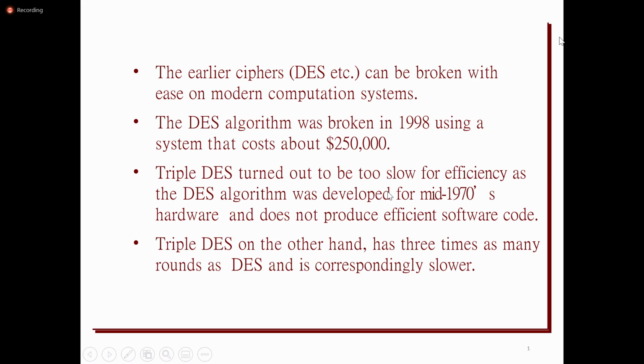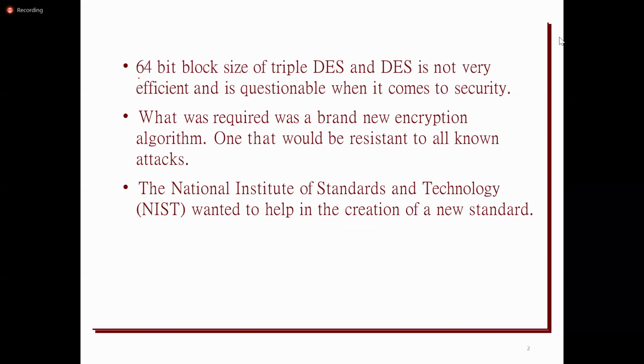To overcome that disadvantage, triple DES came into the picture, but triple DES also failed. Why? Because the block size in triple DES is 64 bits, which is very small. If we take an image and convert it into binary, we will have a huge number of bits, not only 64 bits.